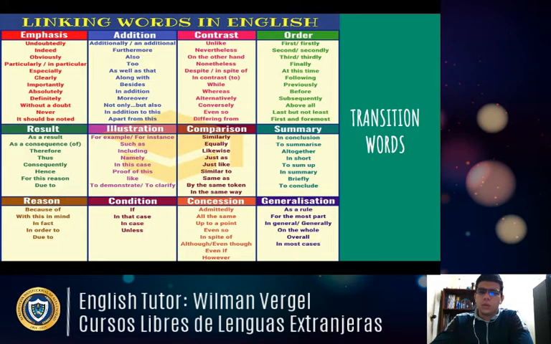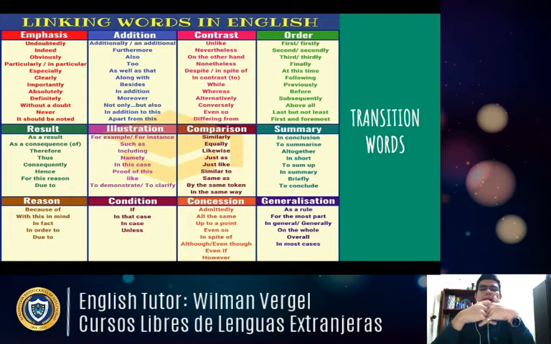Transition words in English: when do we use them, or what do we use them for? Well, we basically use transition words when we want to link ideas in a paragraph, or keep the flow in a text, and between contrasting paragraphs, or when we want to connect them.